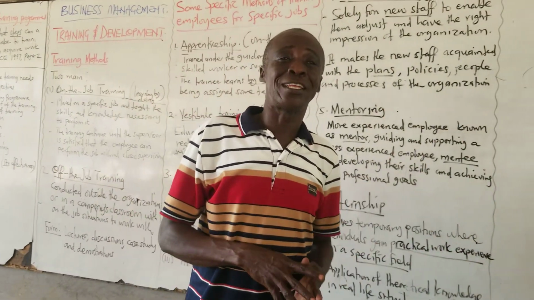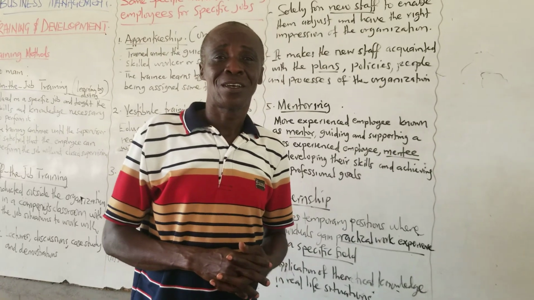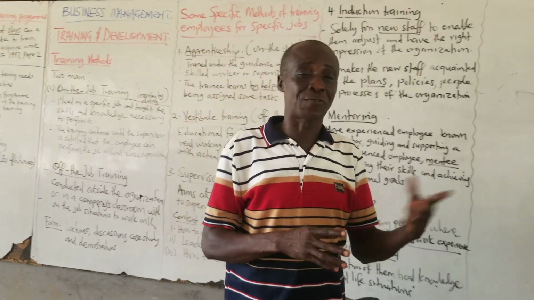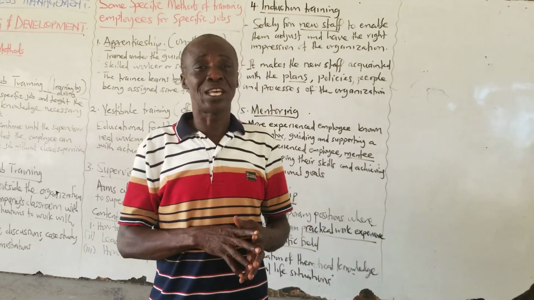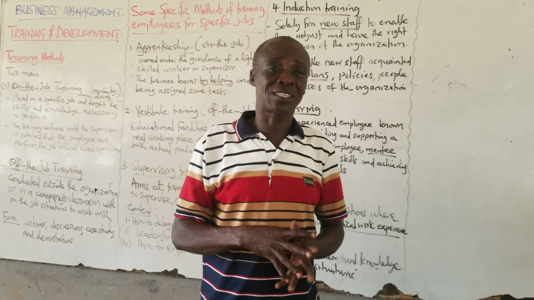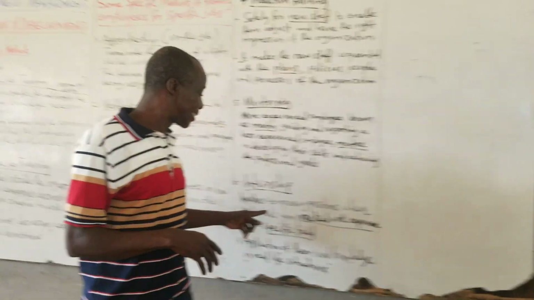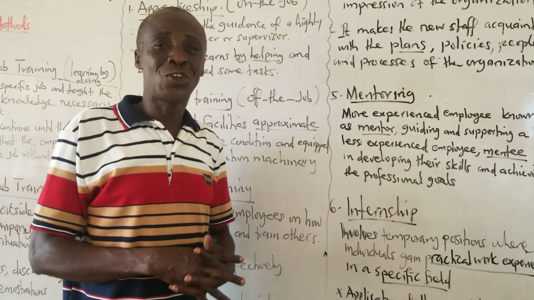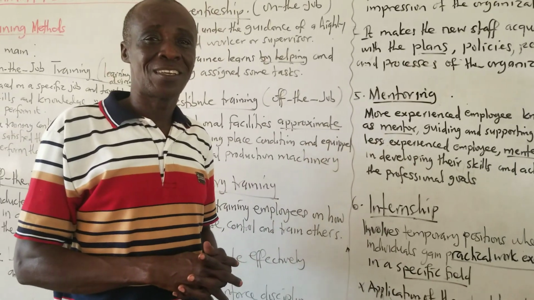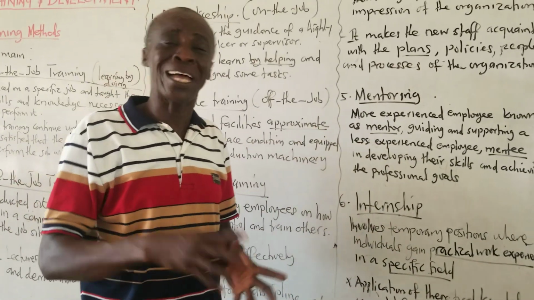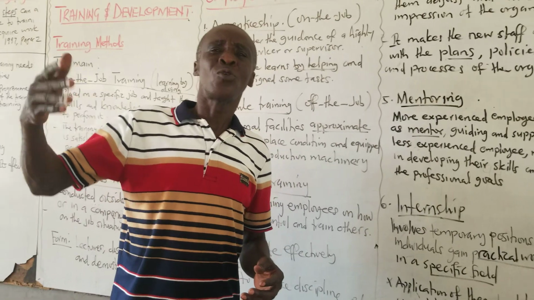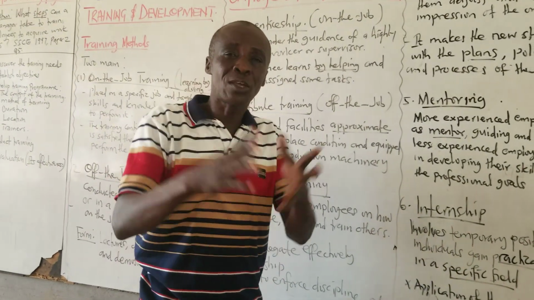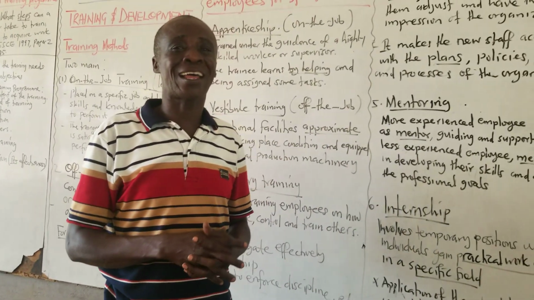Now, the home economics students, on vacation, most of them, especially the food and nutrition students, go to restaurants on internship. They are learning the theories and some few practicals there. But then we have somebody who is already experienced out there. So they go there and they learn under that person.